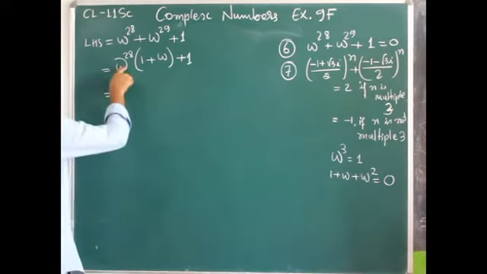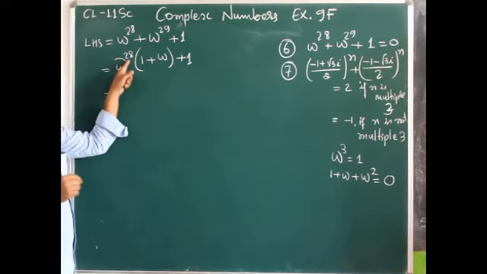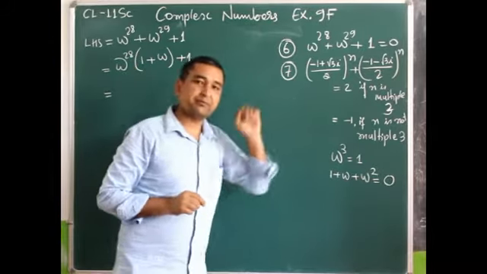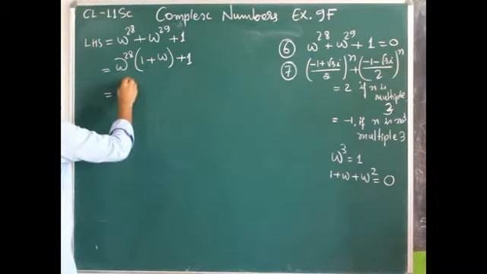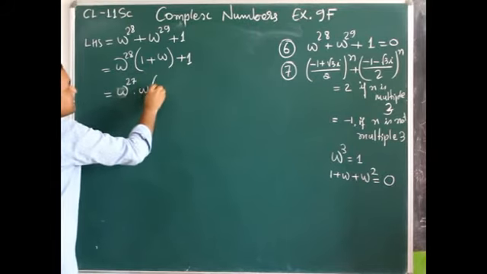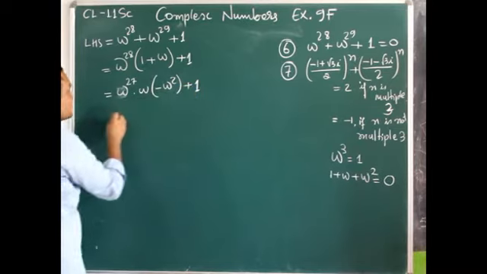Then let's make this a multiple of 3, because if it is a multiple of 3, we can replace it by 1. So this is omega to the power 27 times omega, and in this place minus omega square, plus 1.